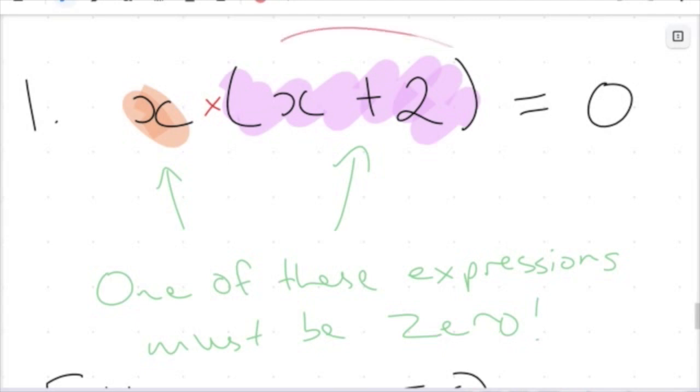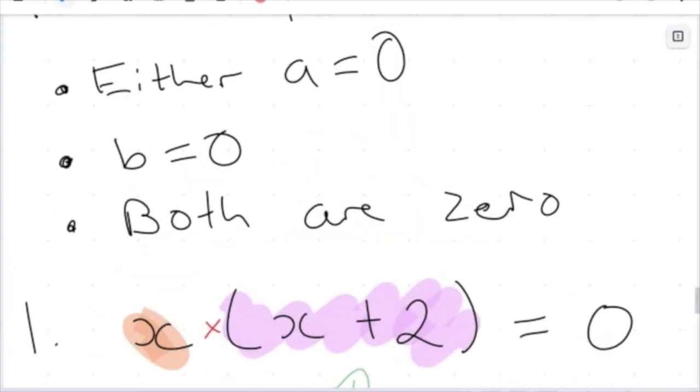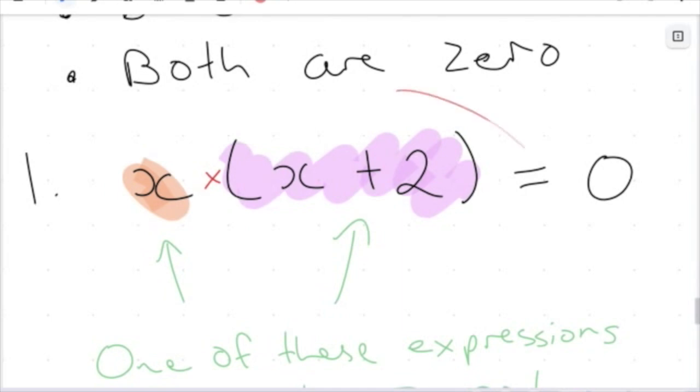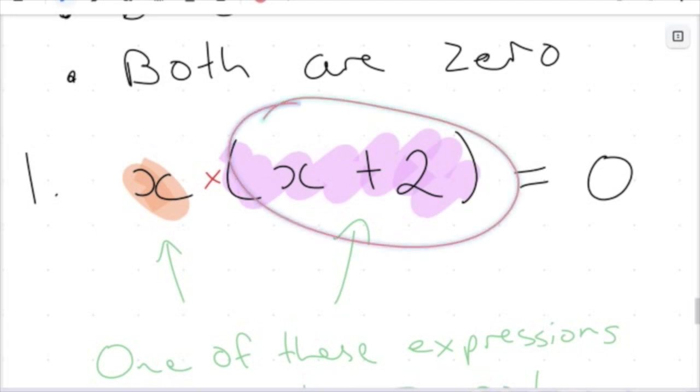I can also have this term, if we think about these two from the example here with my null factor law. The first one I looked at was A. A can be 0, but B can be 0 as well. So this expression here can also, we can find a value for x that makes that 0, because we can multiply that by whatever other term and it'll still give me 0 as a solution.